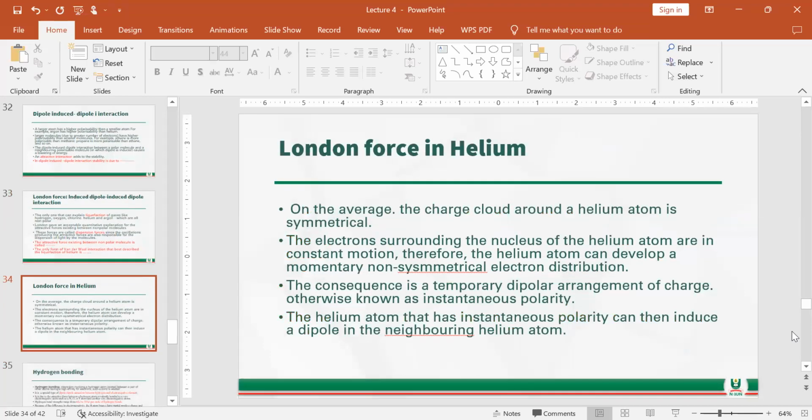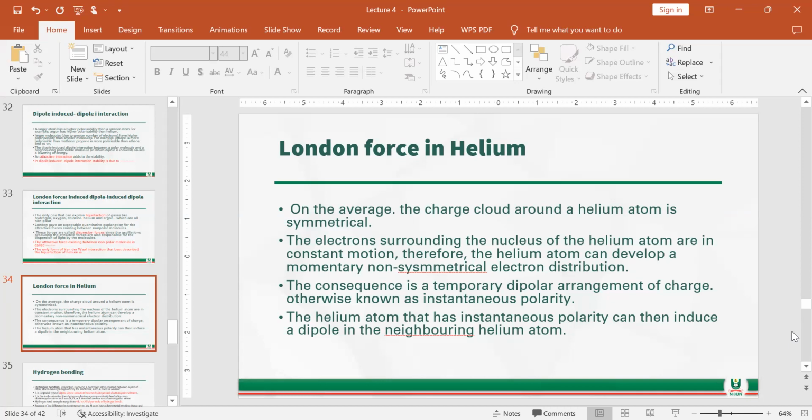So, London force in helium: on average, the charge cloud of the helium atom is symmetric. When something is symmetric, like a circle, if you take half, the upper part is the same as the other. The electrons surrounding the nucleus of the helium atom are in constant motion. Therefore, the helium atom can develop a momentary asymmetric electron distortion.